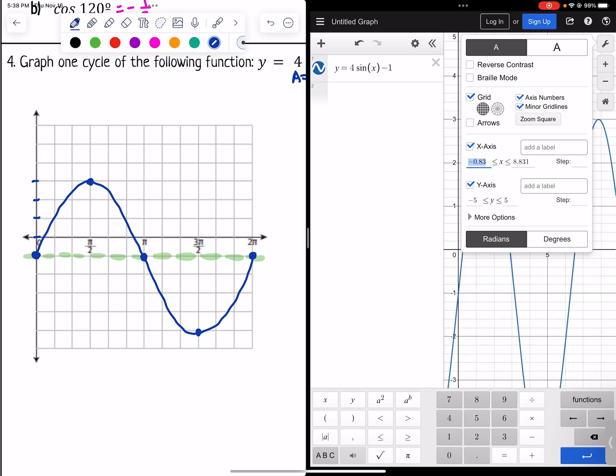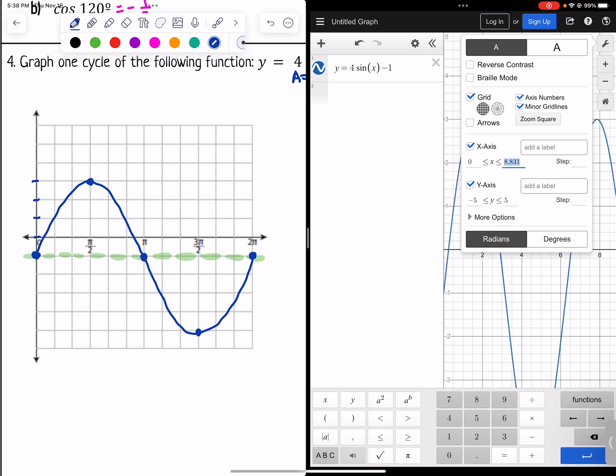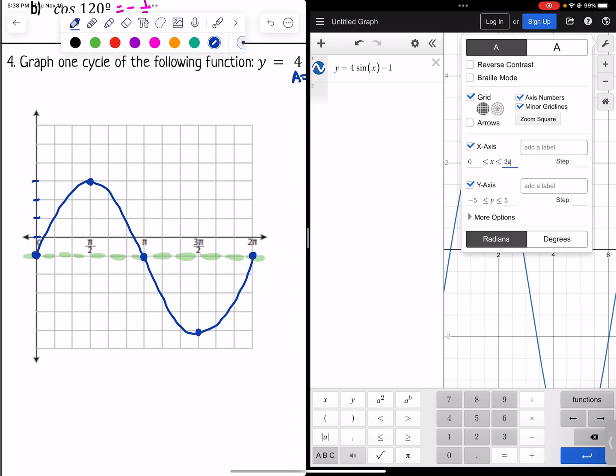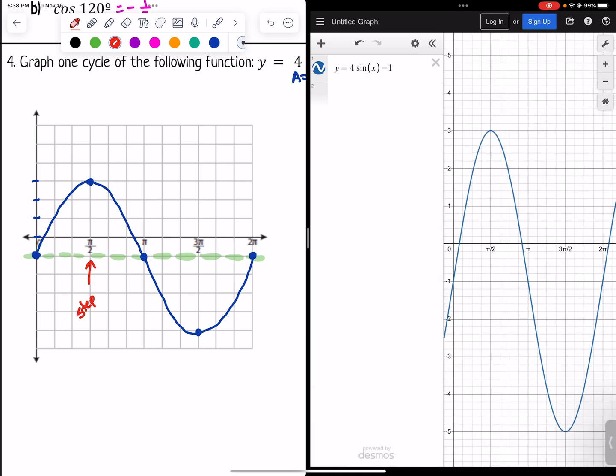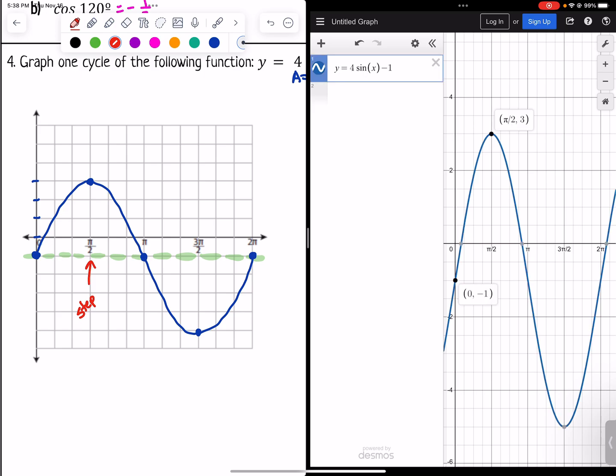And then the x-axis goes from 0 to 2 pi, and then the step means what is your first tick mark, is a good way to look at it. So that's pi divided by 2. And see now on Desmos, I have all these really nice turning points that I can plot. And what's good is you can also plot your midline.